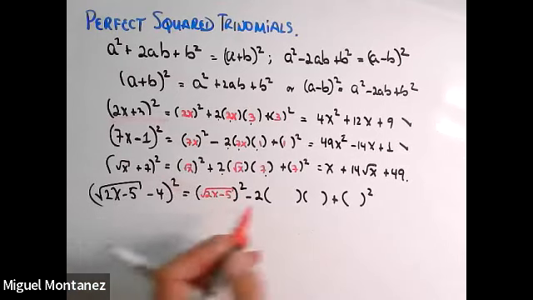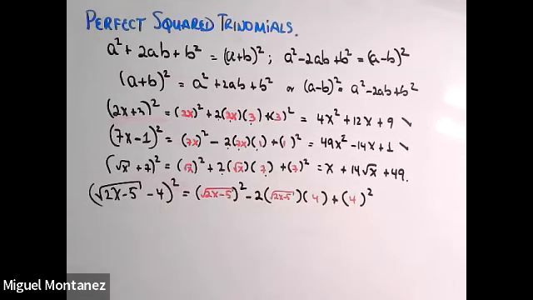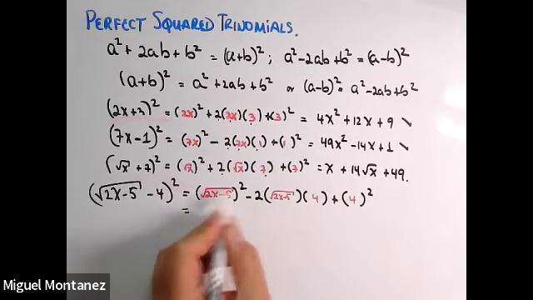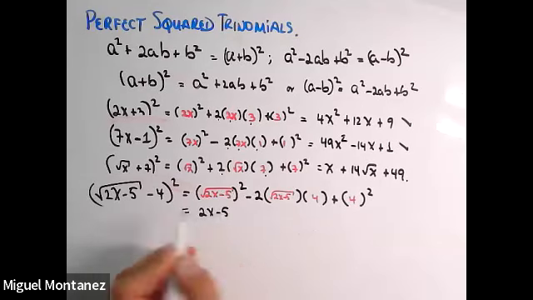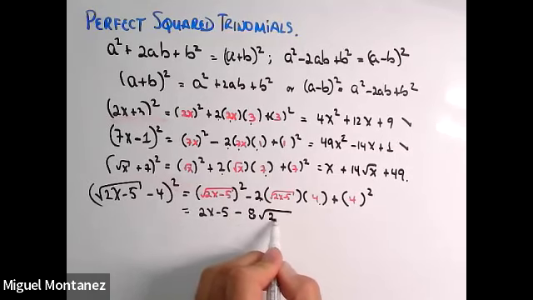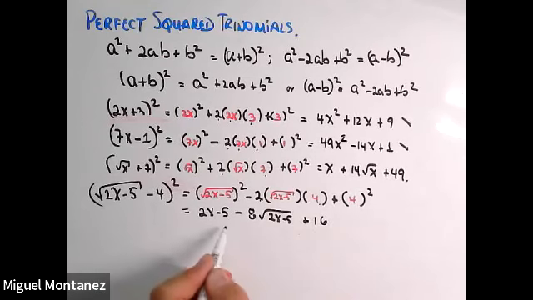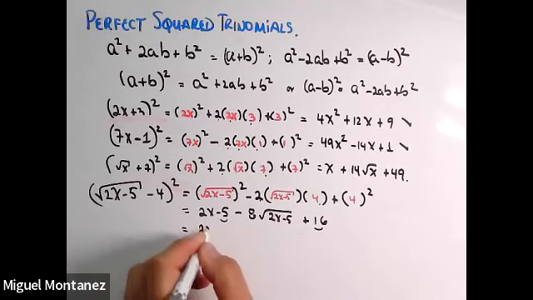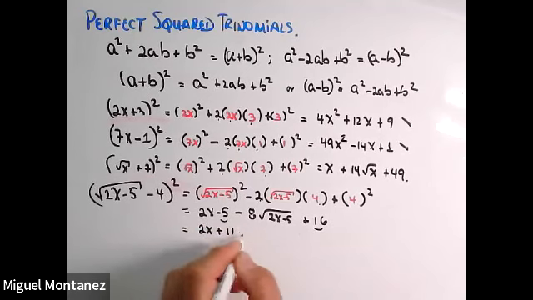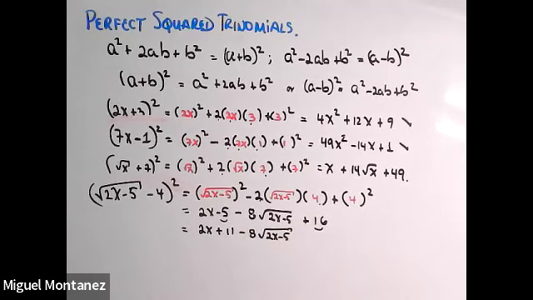The square of the radical will be 2x minus 5. 2 times 4 will be negative 8 radical 2x minus 5, plus 16. Notice that we can combine negative 5 and 16. 16 minus 5 is 11. So 2x plus 11 minus 8 times the square root of 2x minus 5.